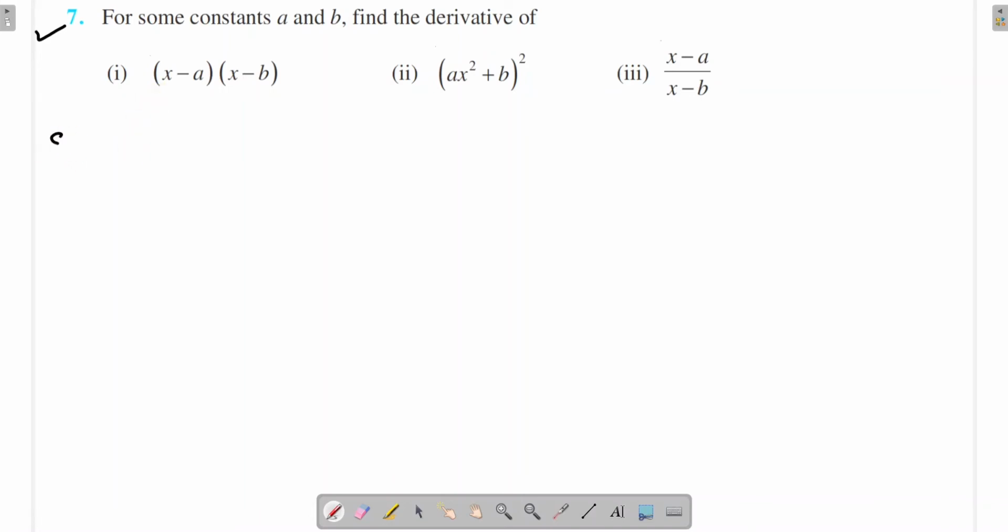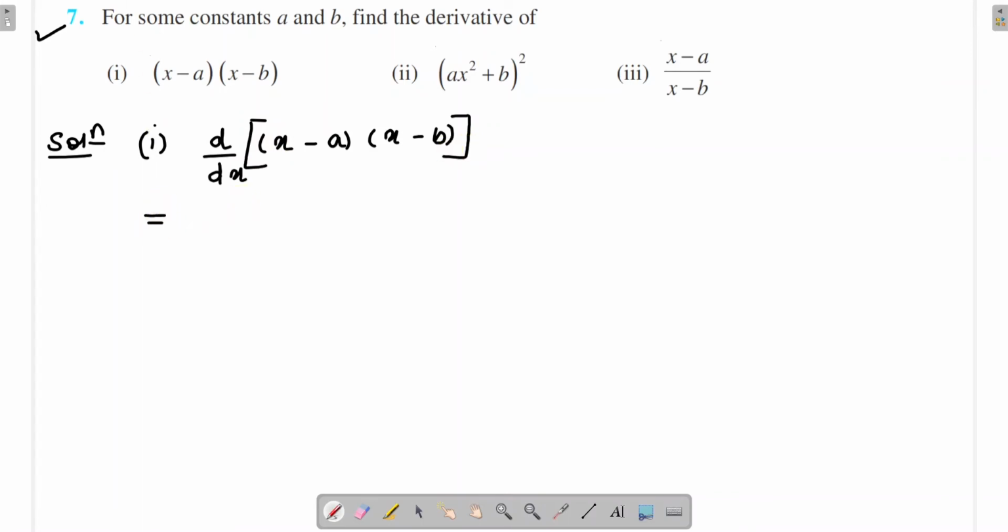So solution, first one, derivative of this will be d by dx of x minus a multiplied by x minus b. So you can put a square bracket like this here. Okay, you have to put a square bracket in this way. So this will be equal to what?